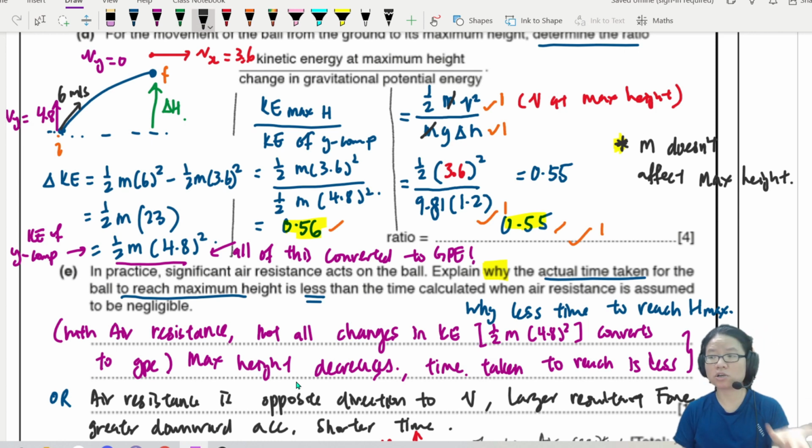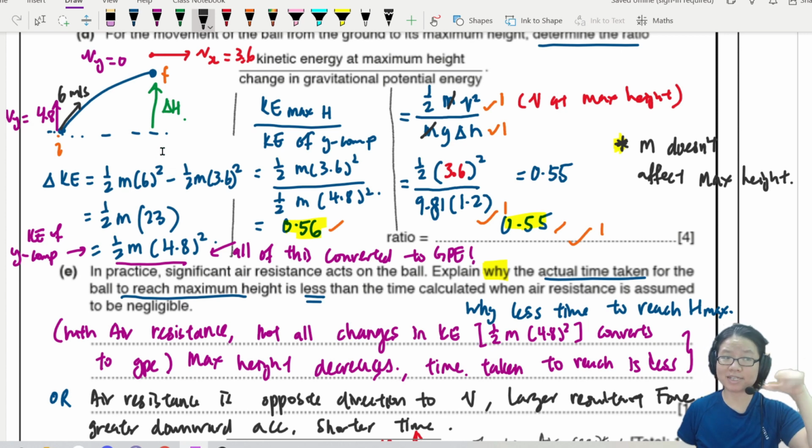So if I replace the golf ball with a bowling ball, assuming I have enough energy to give the bowling ball the same initial speed, which is 6 meters per second at 53 degrees, then it's okay. So does it affect max height?